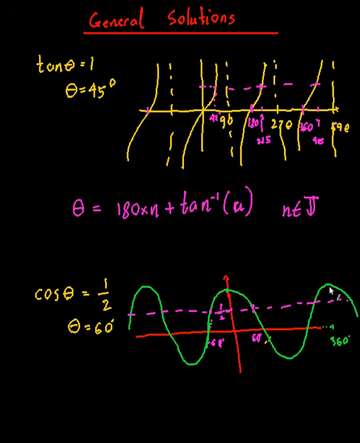Now if you get to this point at 360, it's going to be 360 plus 60, which is 420, and also 360 minus 60 as well. Same thing over here. At this bump, it's going to be plus or minus 60 at these two points. So the general solution for theta in this case is going to be 360n plus or minus cos inverse of a.